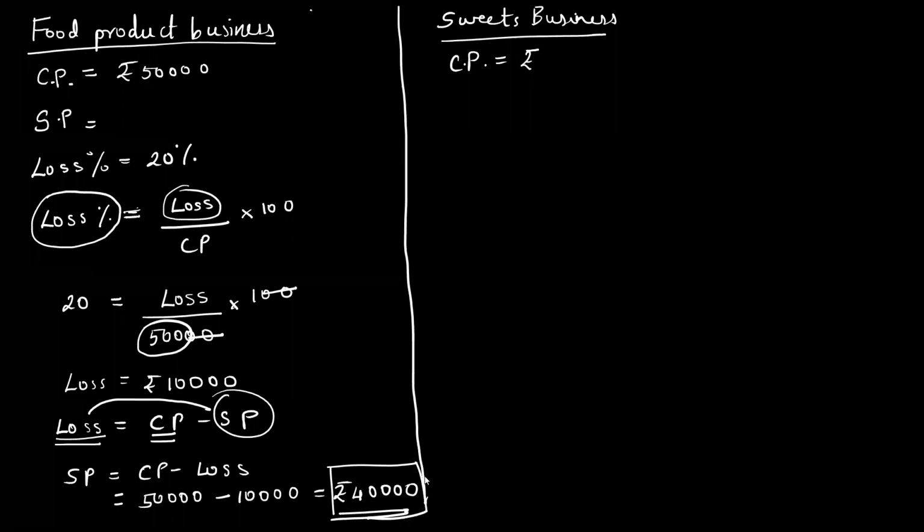Because whatever he earned from the food product, he is putting it in the sweets business. Do we know the SP or we don't know the SP? Don't know. Okay. And in this business, he earned profit or loss? So 5% profit. So can I say profit percent is equal to 5%?